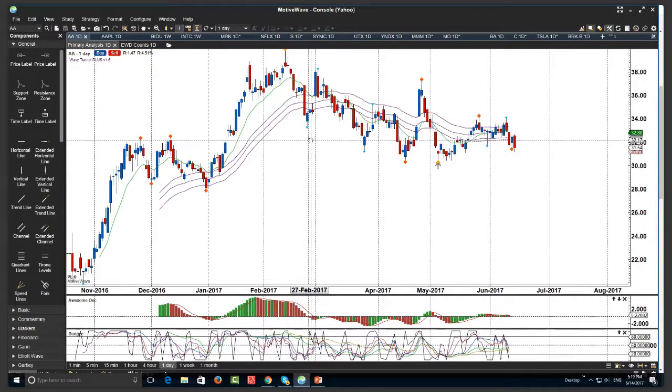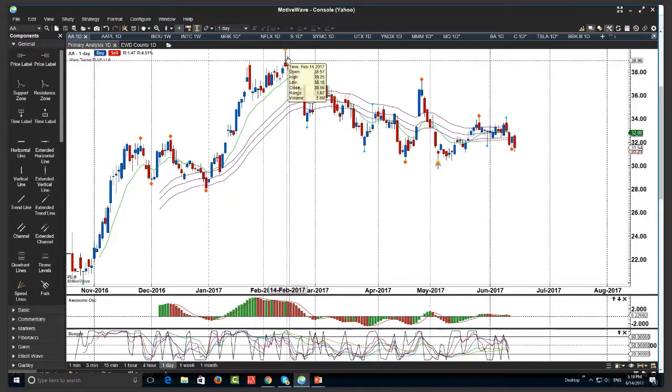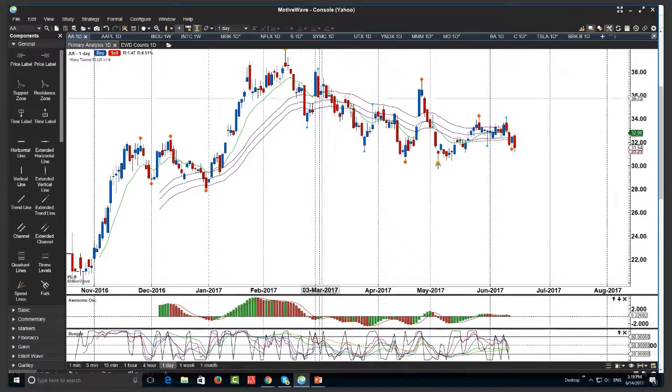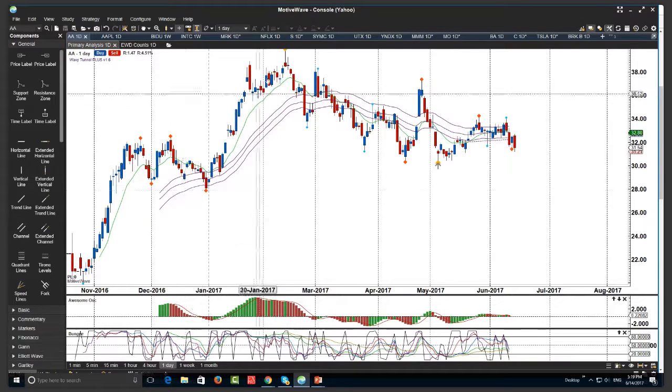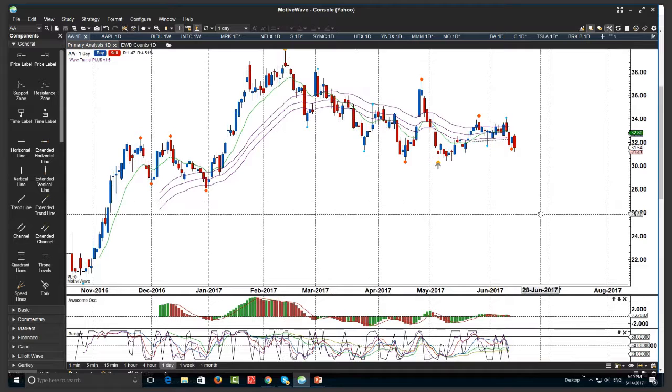And I want you to picture the wave 4. So we have a nice trend move higher, and this is the daily chart. And then we have a wave 4 move, which is a correction of the trend. This is what I'm going to be showing you for all of these stocks.